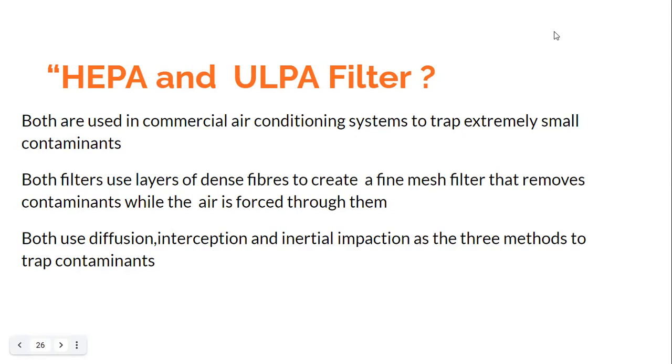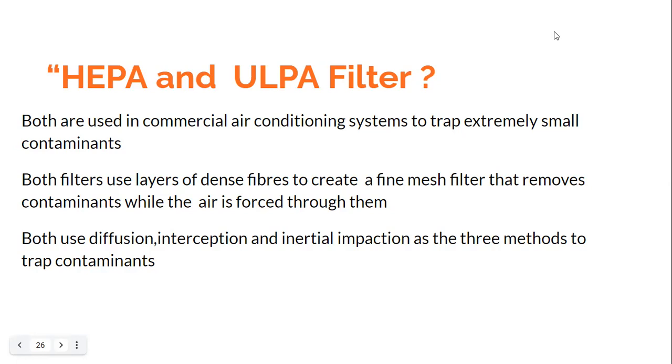And when is that contaminant removed? When you are forcing the air through them. So when you force the air through this filtering media, which is a fine mesh filter, the contaminants are removed. And there are processes of removal of contamination, which we had discussed elsewhere: diffusion, then interception, and then inertial impaction.